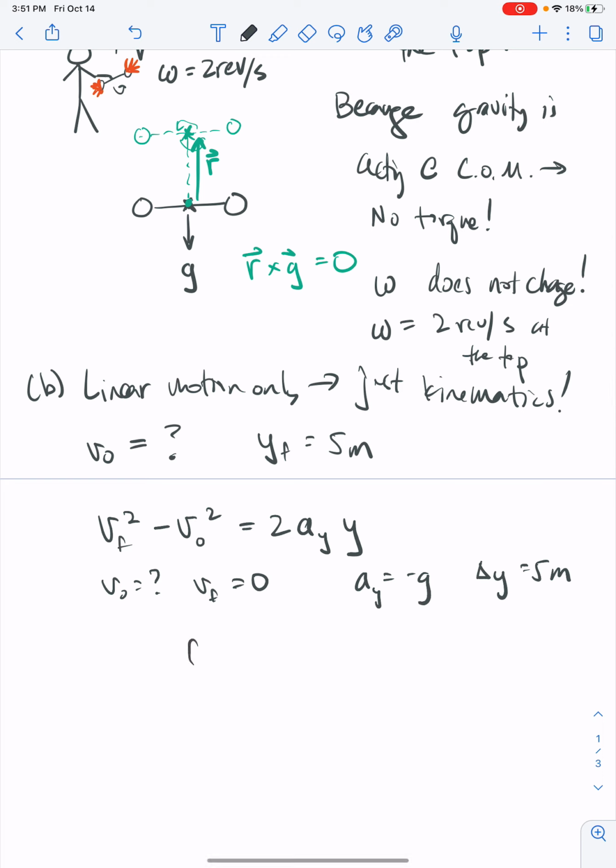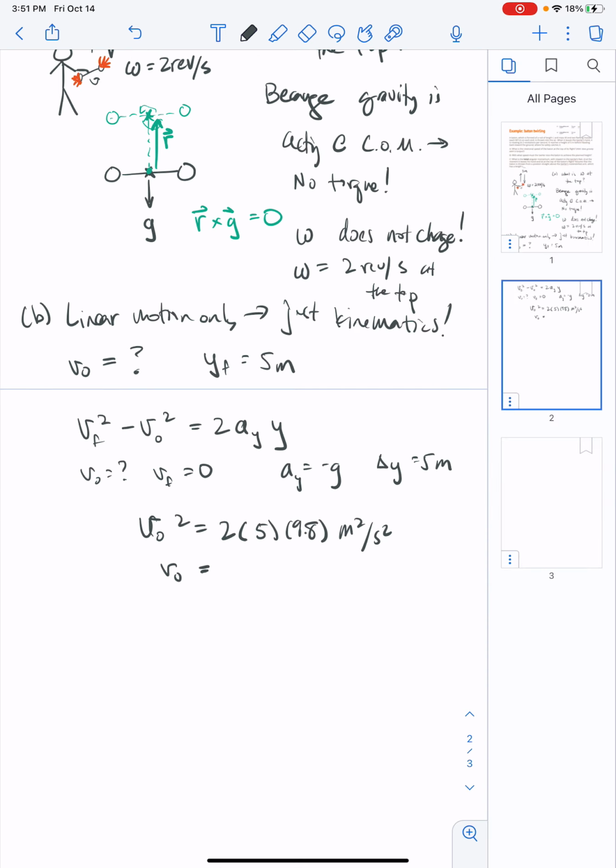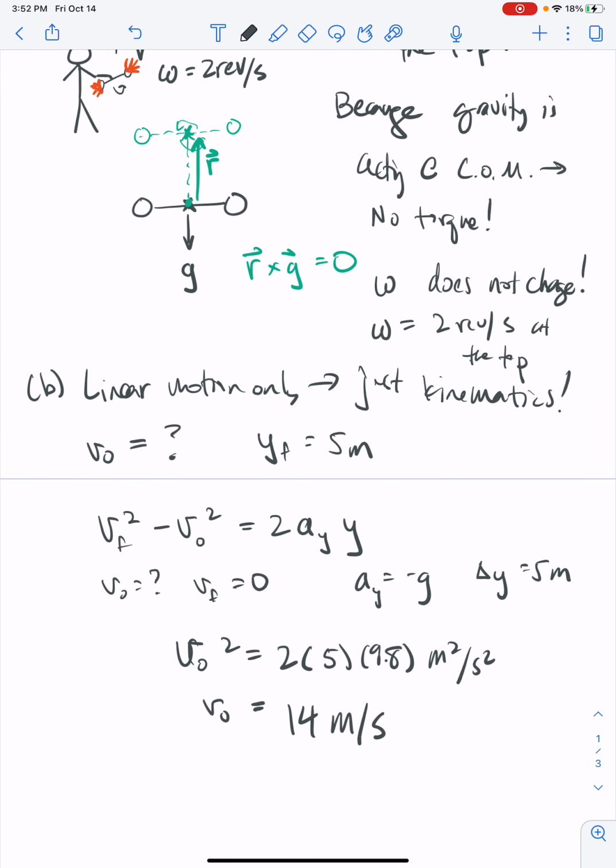So v naught squared is 2 times 5 times 9.8 meters squared per second squared, and our v naught is the square root of this, which is 14 meters per second. Okay, so that's our part B.